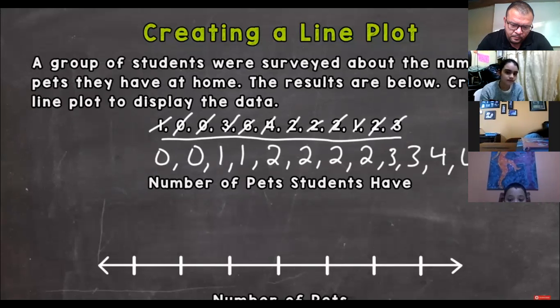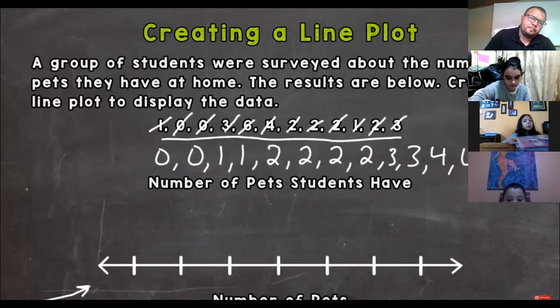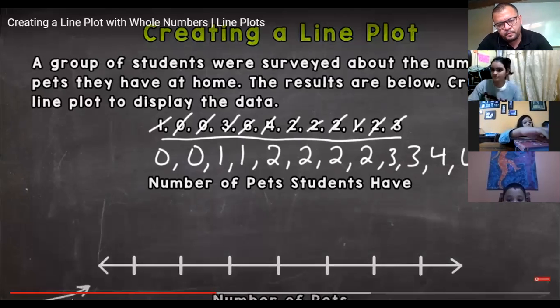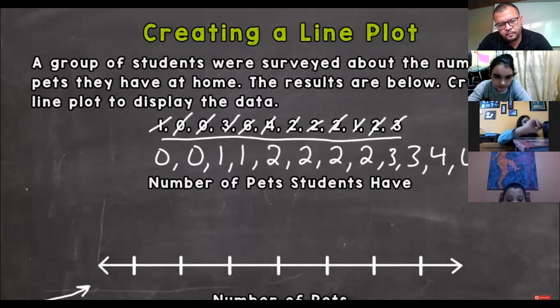So now that we have it in order from least to greatest, we are ready to create our line plot. Now here's our number line below. But there are no numbers shown or attached to this number line. So we need to figure out which numbers to use.